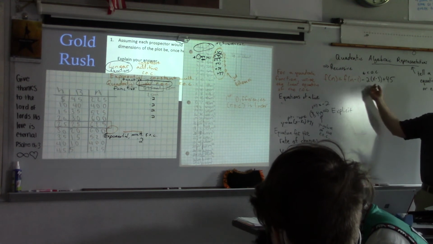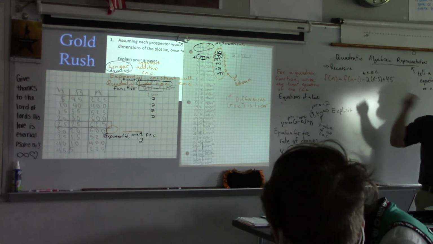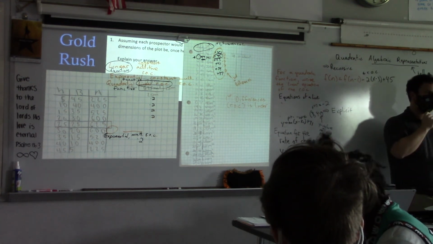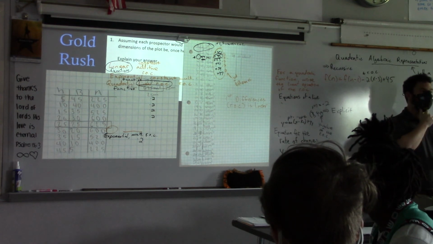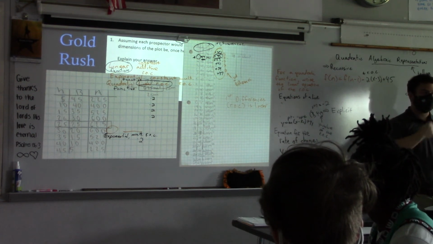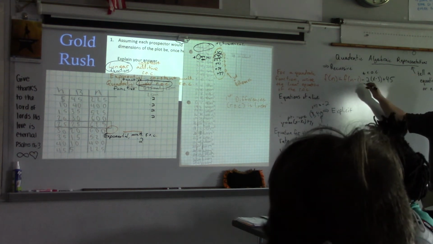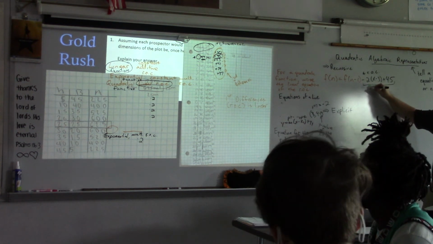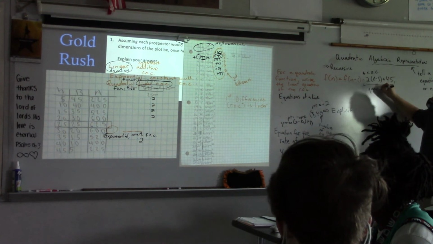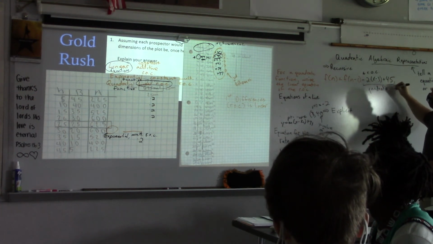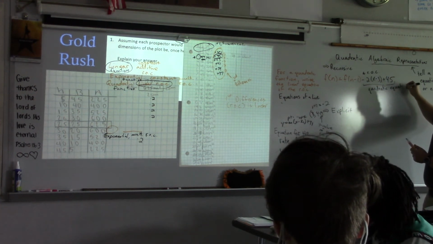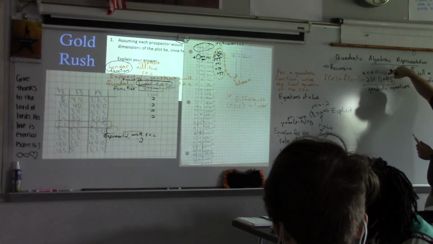Okay. Have we ever seen a rate of change with a variable in it? Yes. The rate of change with a variable? No. So is that kind of unique to a quadratic? Yes, sir. Right? Quadratic equations. And don't forget, this is the equation of a what?